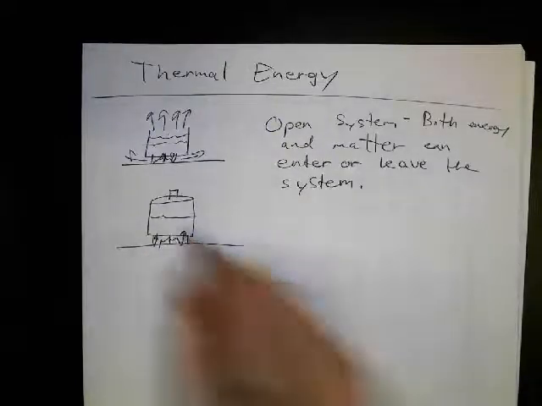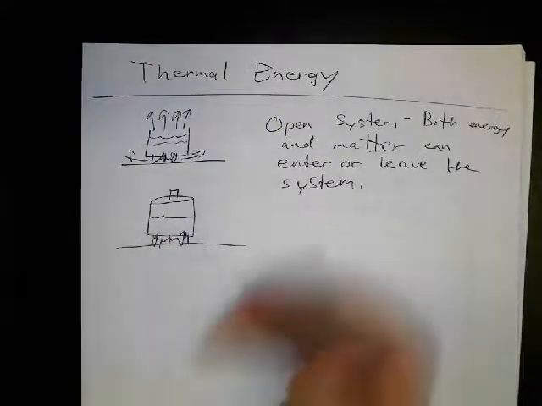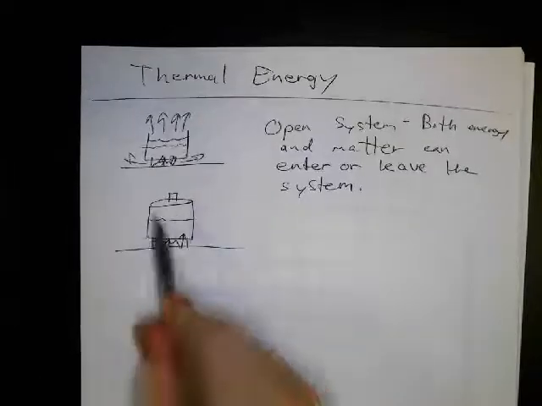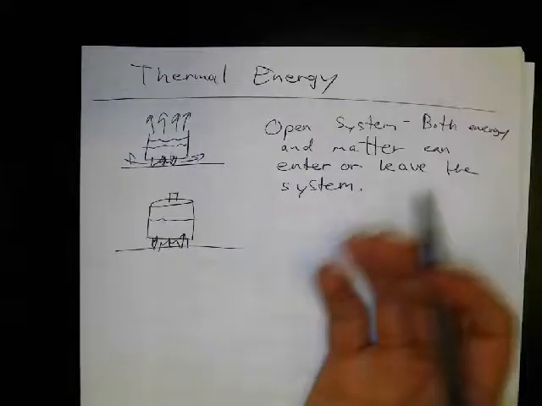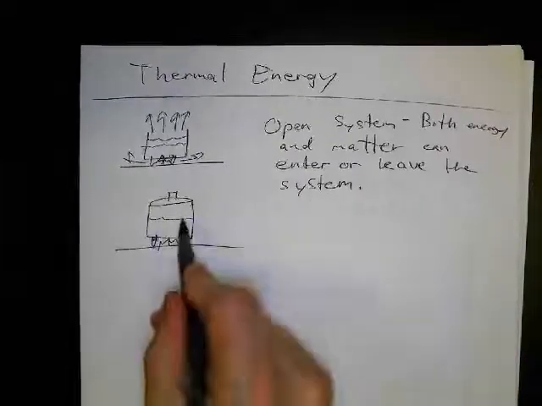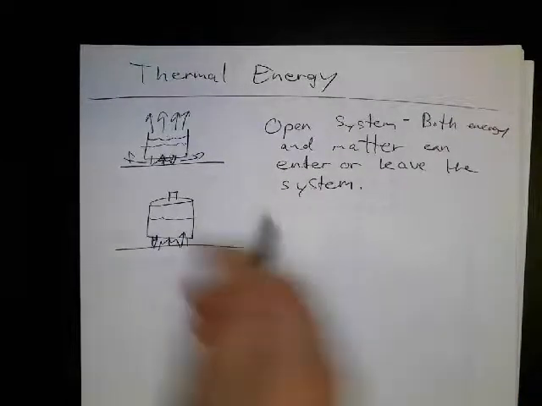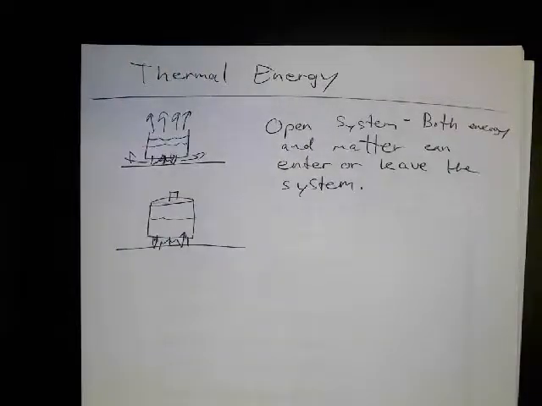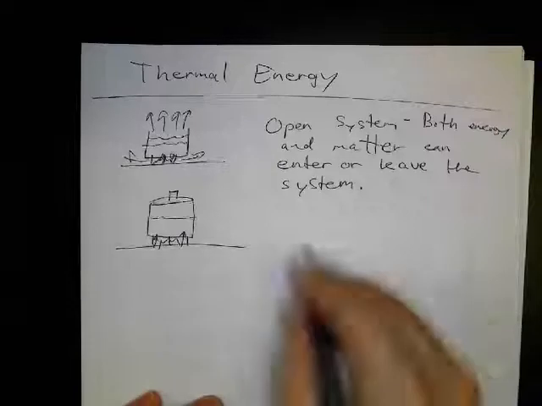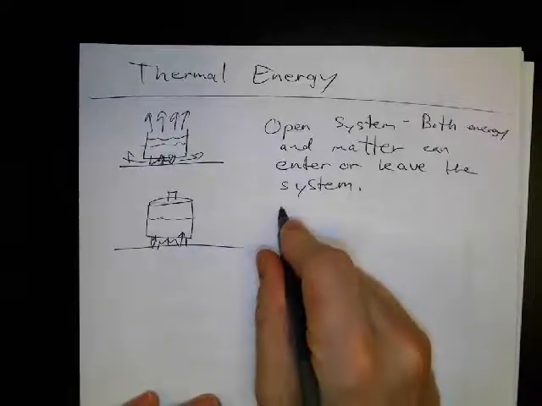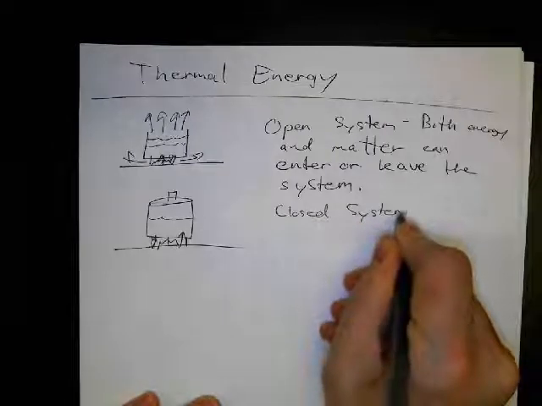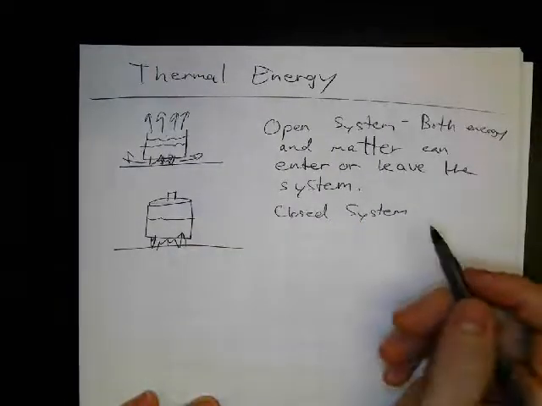And it's actually getting to the stuff inside, like the water, right? If I were to take the lid off after 10 minutes or something, the water would be boiling. So energy can get to the water. However, the water can't evaporate out because the lid's in the way, and I can't put stuff in because the lid's in the way. We would call this a closed system, the system being the pot.